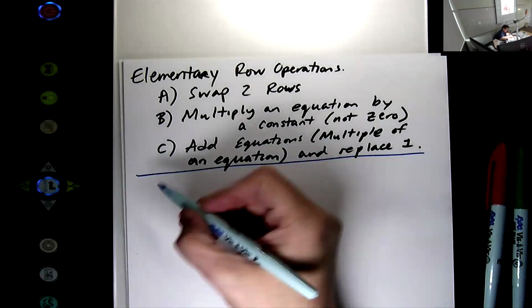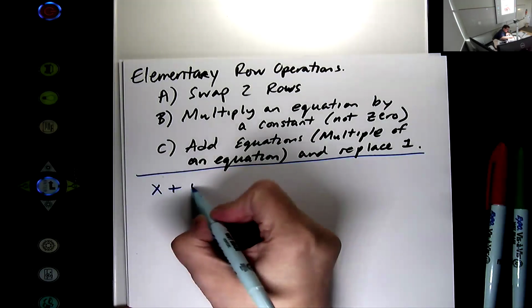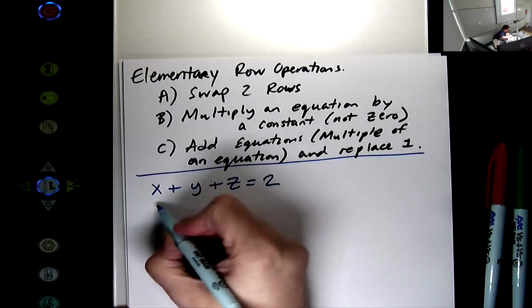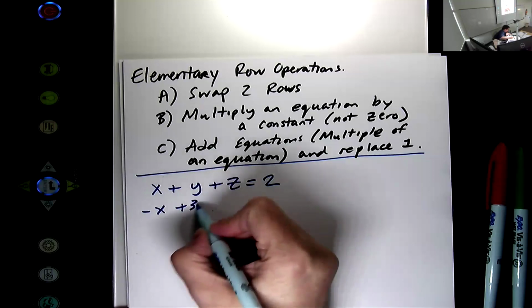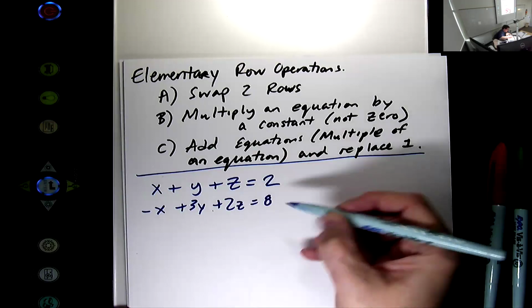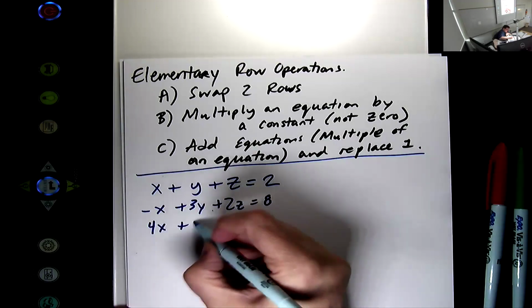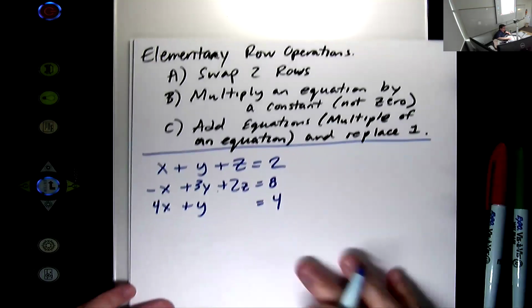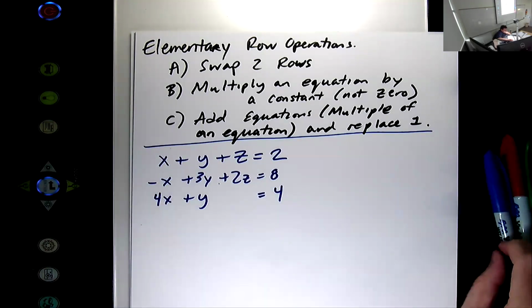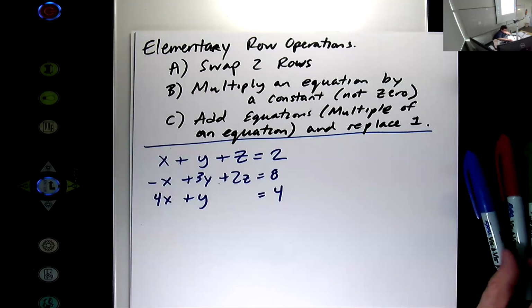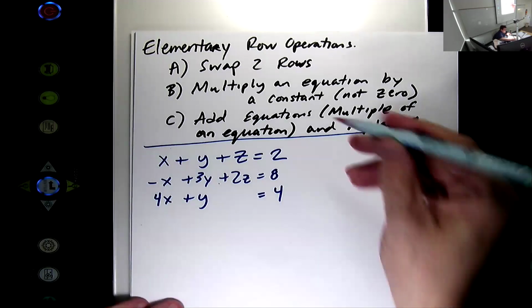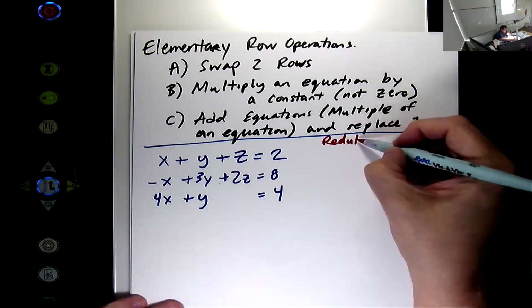Alright, so let's set up a system here. We're gonna try to reduce this to row echelon form.